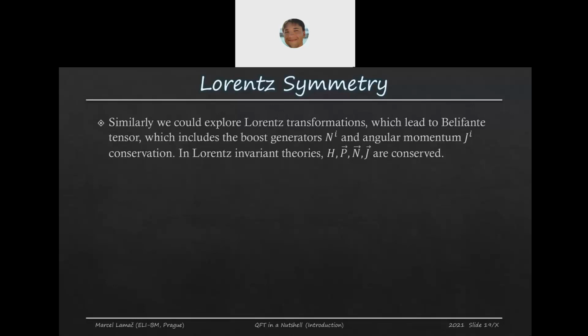The momenta, boost generators, and the angular momenta each have three components. So we can say there are four conserved charges: the energy or Hamiltonian, the momentum, the boost generators, and the angular momentum. These quantities are conserved in Lorentz symmetric theories. That's just interesting to know.